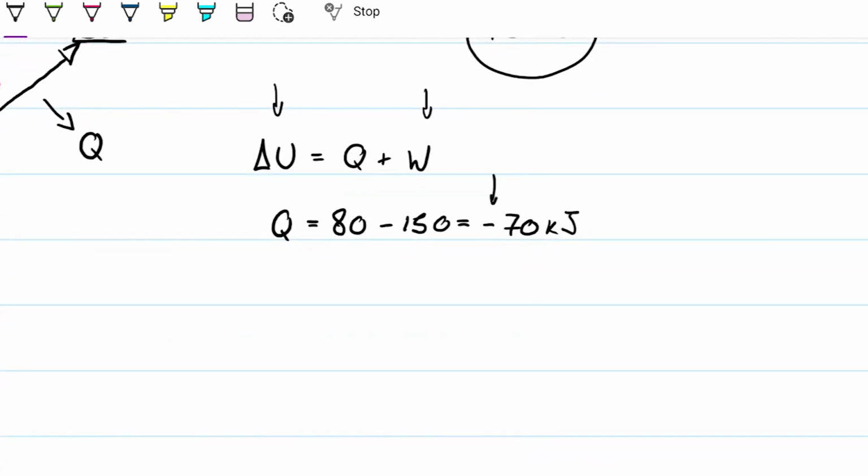What does this negative mean? It means heat is leaving my system, and the 70 is the quantity. So this is the first answer to the problem: 70 kilojoules of heat leaving the system.